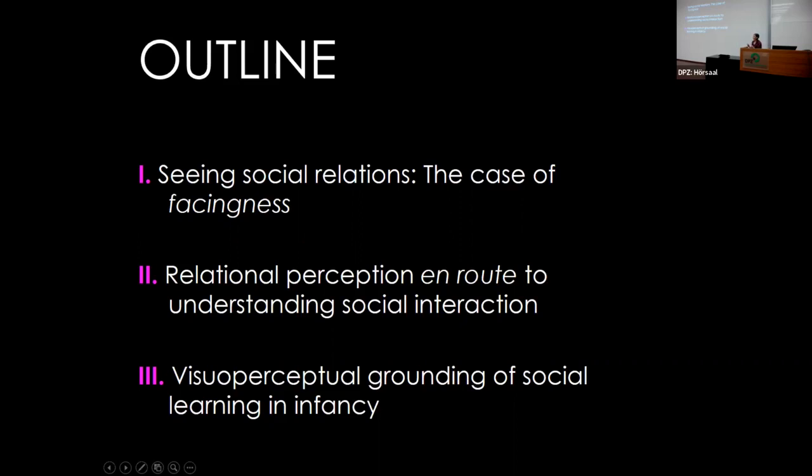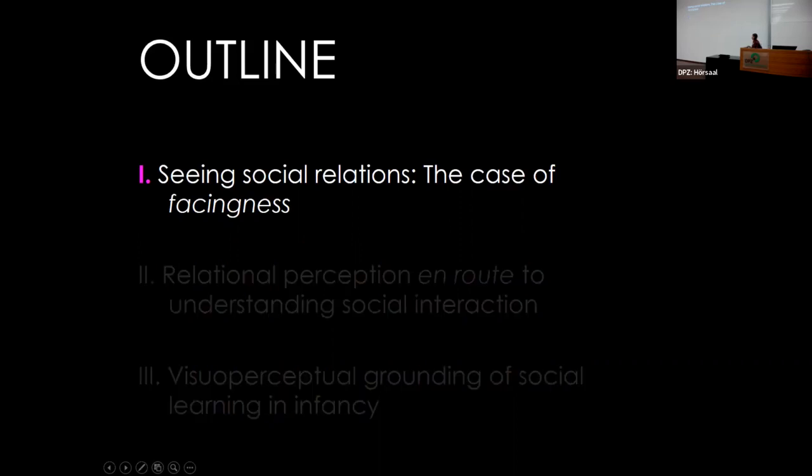And finally, I will discuss how the ability to perceive relations with our vision might be one of the building blocks of the ability for social learning in infancy.